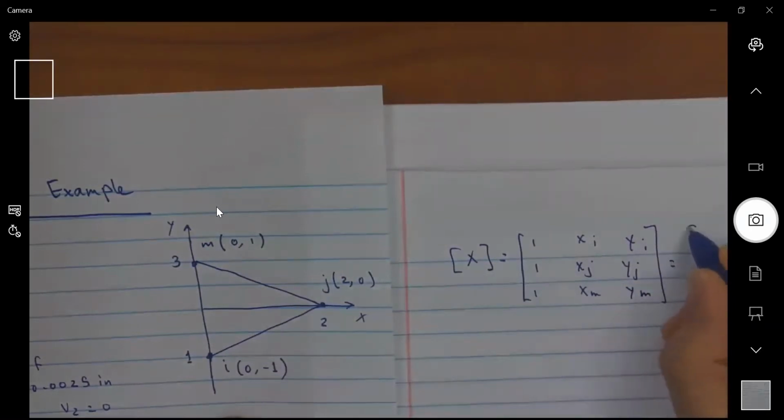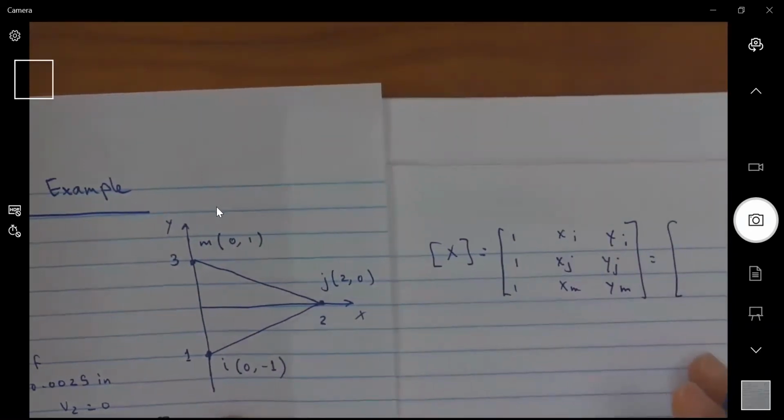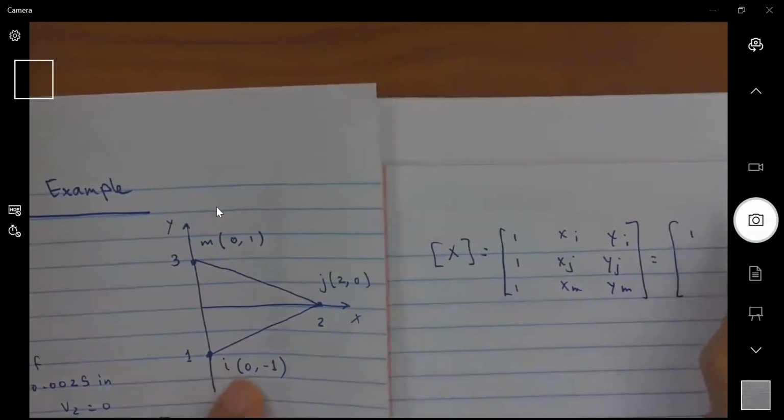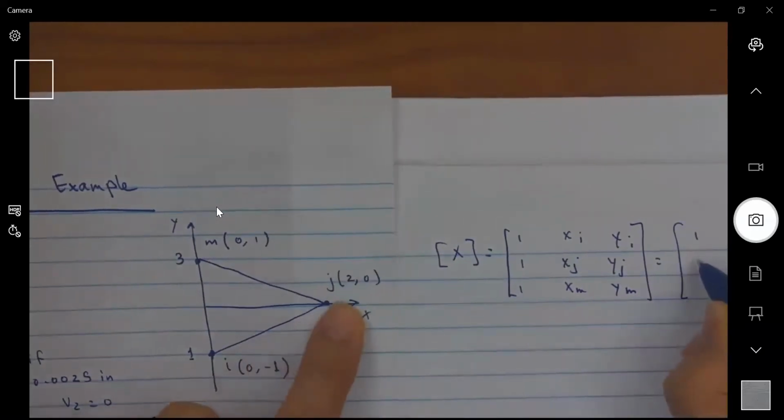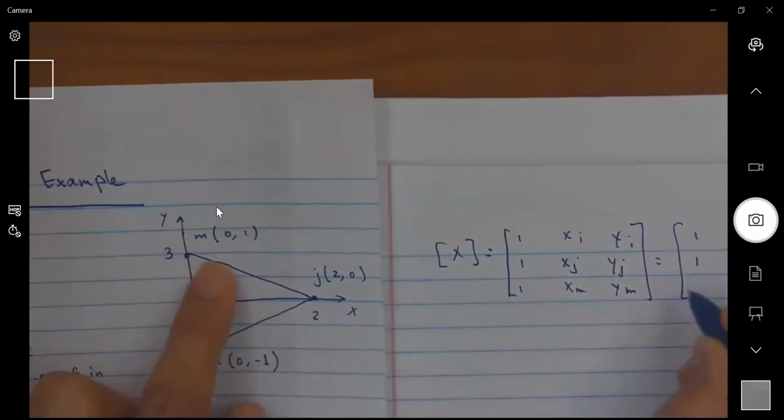So this is equal to 1, 0, minus 1, 1, 2, 0, and m here, so I got 1, 0, and 1.